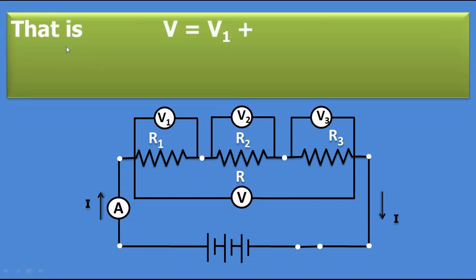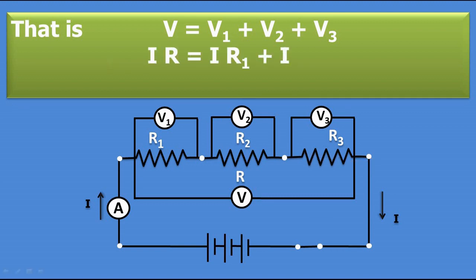That is, V, the potential difference across the combination, is equal to V1, the potential difference across R1, plus V2, the potential difference across R2, plus V3, the potential difference across R3.